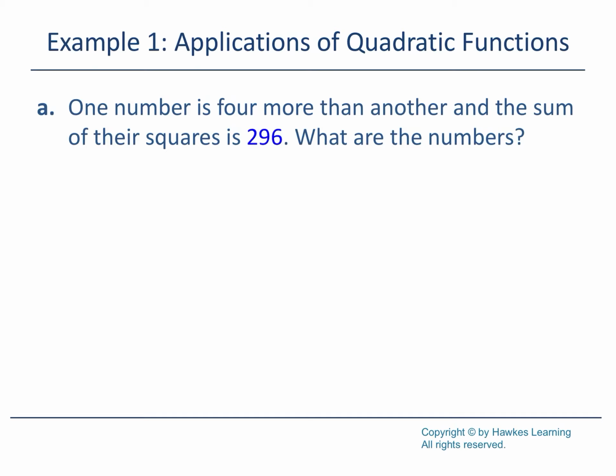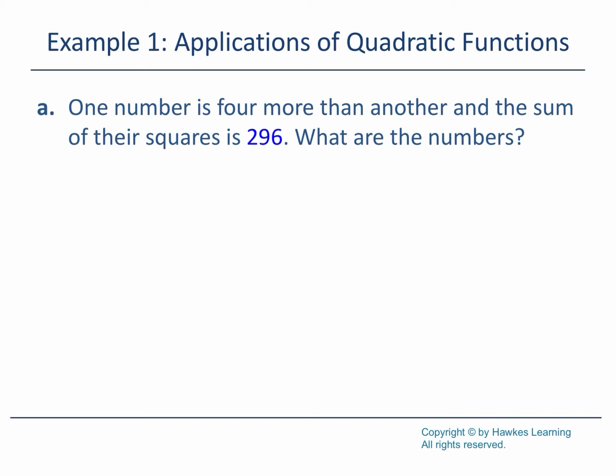Okay, so here's the first problem. One number is 4 more than another and the sum of their squares is 296. What are the numbers? So we're talking about two numbers and one is 4 more than the other. And that is the question, what are the numbers? So that's what we're going to make our variables.